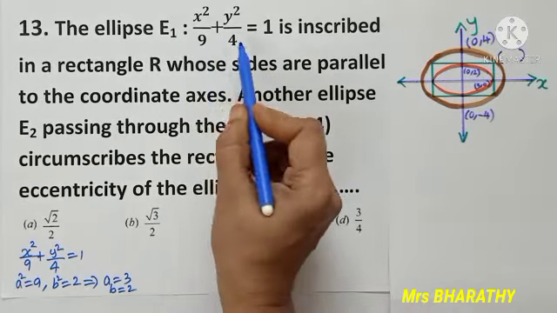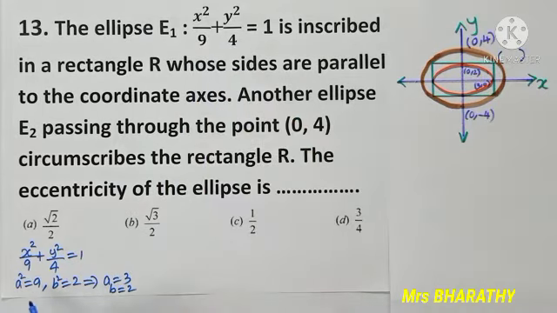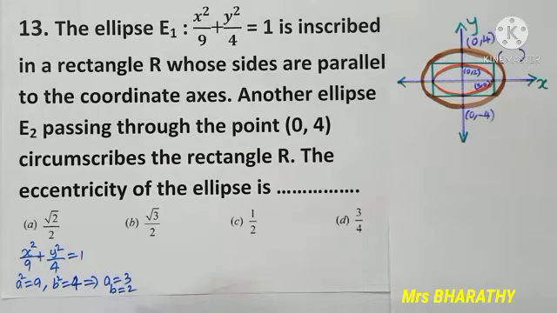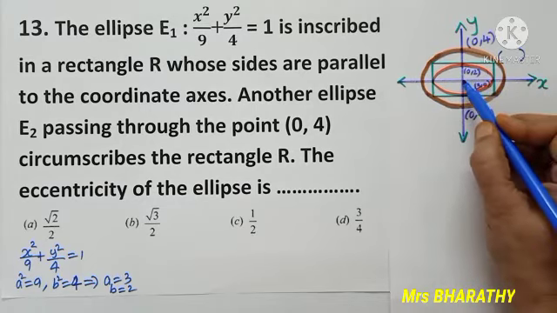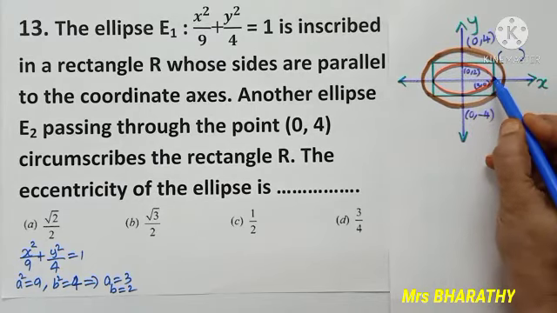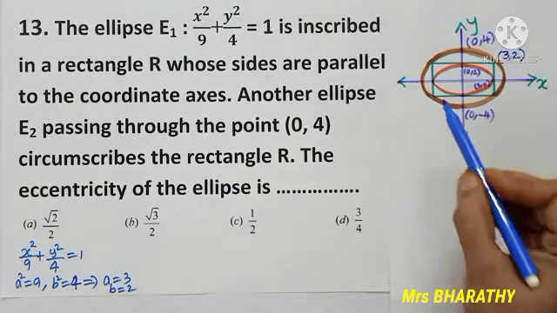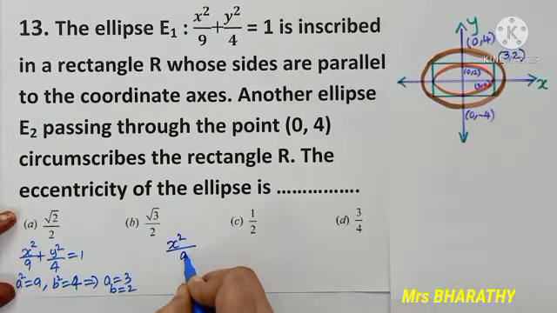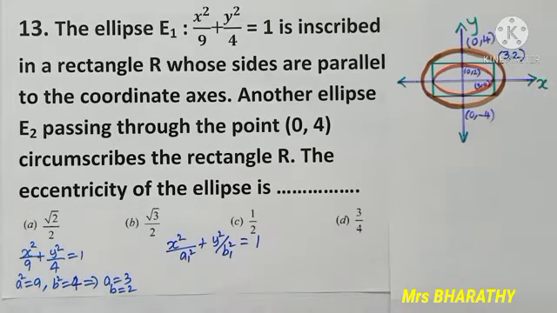As we know the standard equation, I say a square is 9, b square is 4, from which I identify a is 3 and b is 2. So this new ellipse is passing through 3, 2. For the ellipse, we know the equation x square by a1 square plus y square by b1 square equals 1.